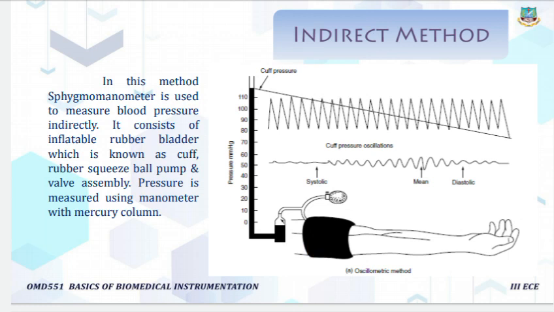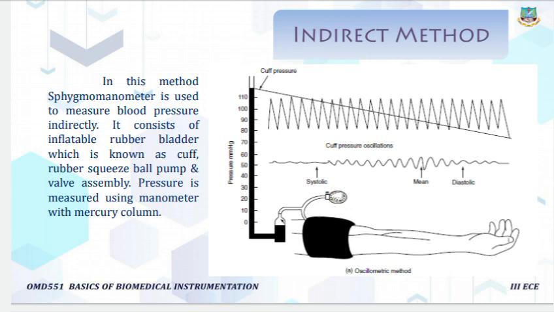A sphygmomanometer is used to measure blood pressure indirectly. It consists of a rubber bladder, which is also known as the cuff. This is the cuff. Then the rubber squeeze ball pump, which is used for giving the pressure, and this valve assembly.